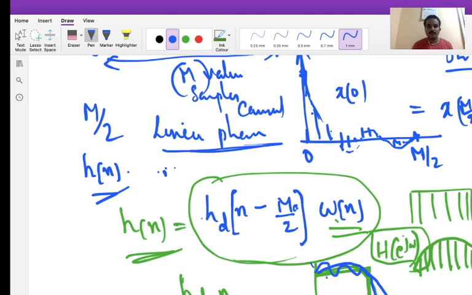Because of the windowing, some ripples happen in the stop band and pass band. So this flatness also depends on the order of the filter as well as the window that you use, and many such things.